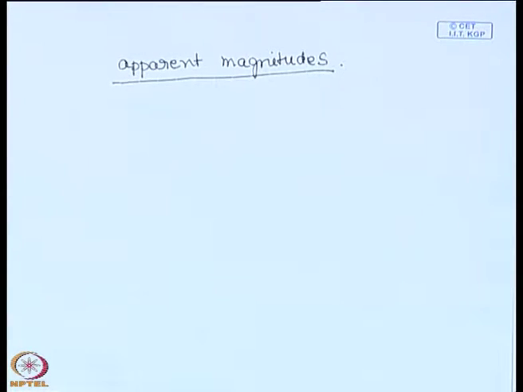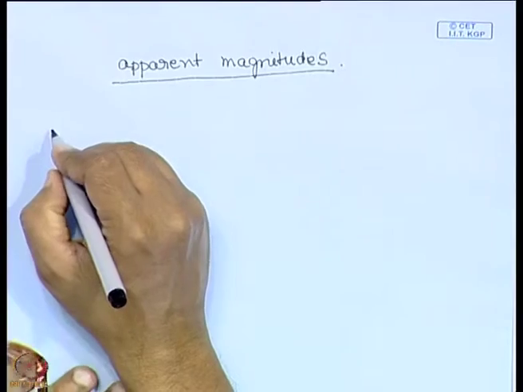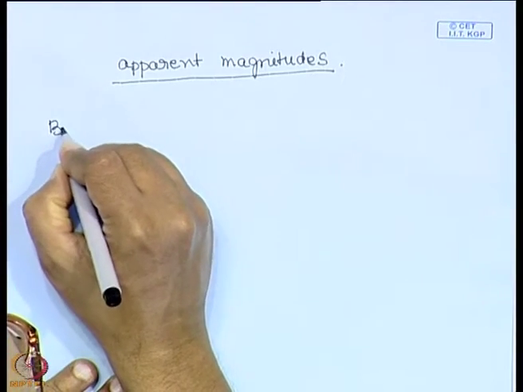These units were actually inherited from the ancient astronomers. The ancient Greek astronomers classified the stars that they could see visually, and the brightest stars were given a magnitude 1.